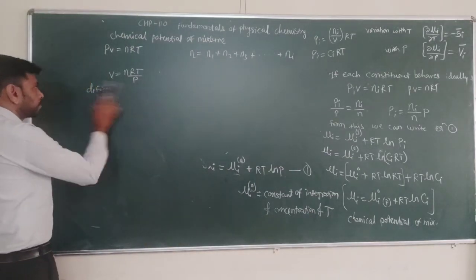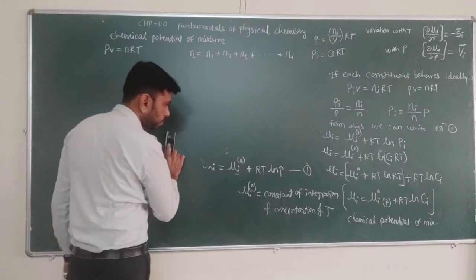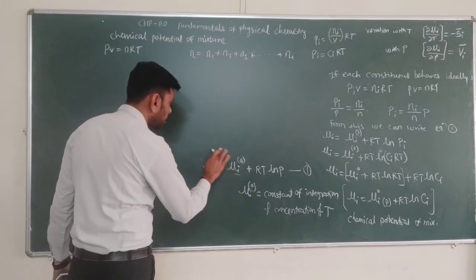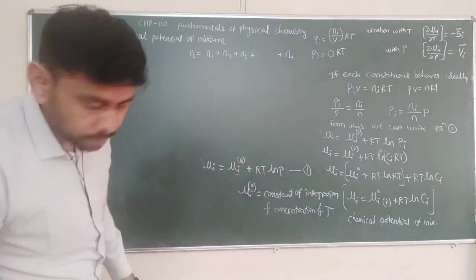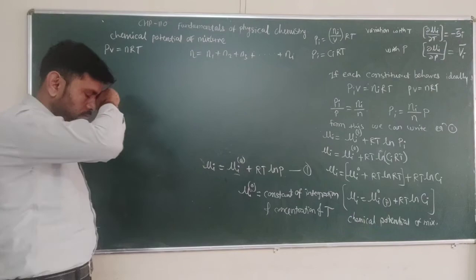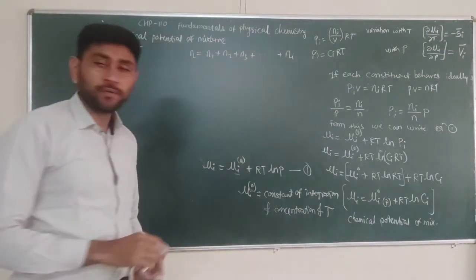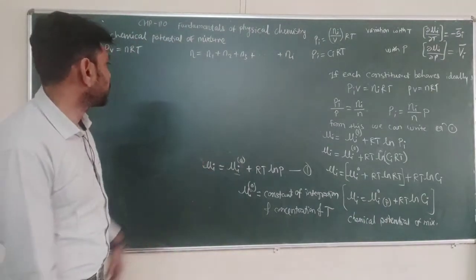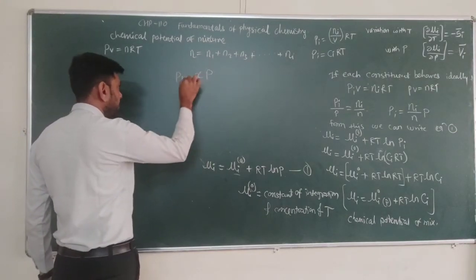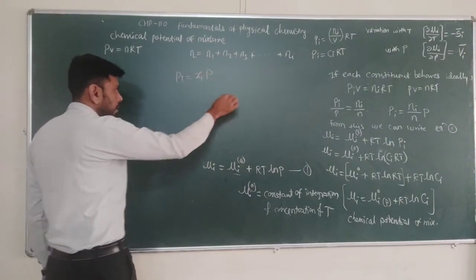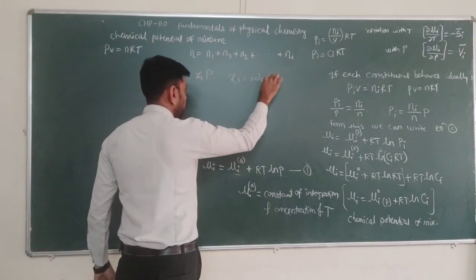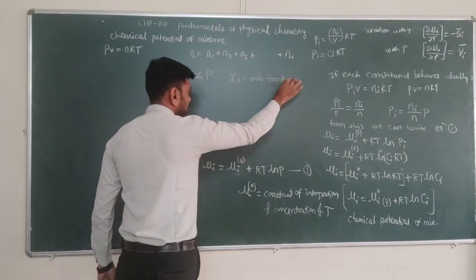Now in terms of this equation number 1, this equation can be represented in terms of mole fraction. So Pi equal to Xi into P, where Xi is the mole fraction.